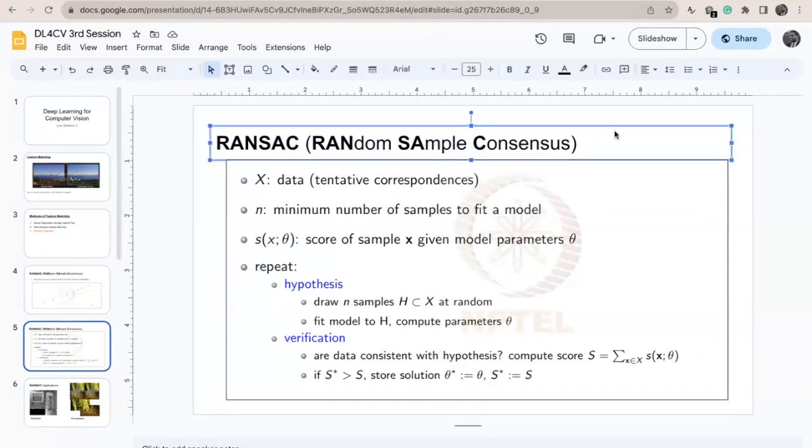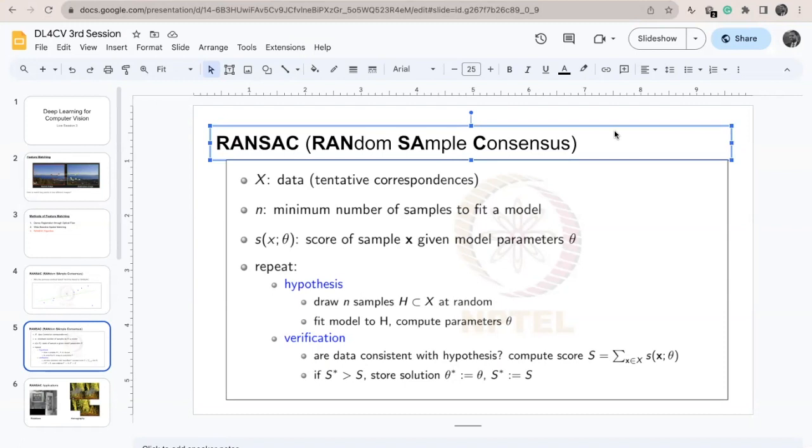So let's say X is the data, like the correspondences between two images: the key points in image one that are matched to key points in image two.